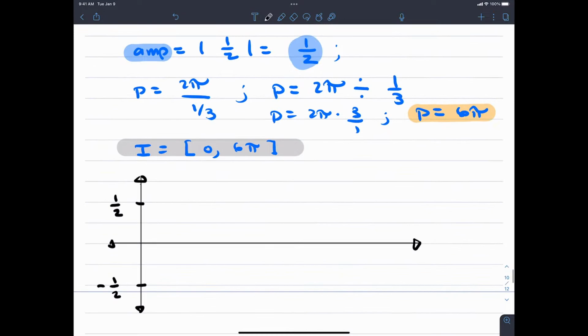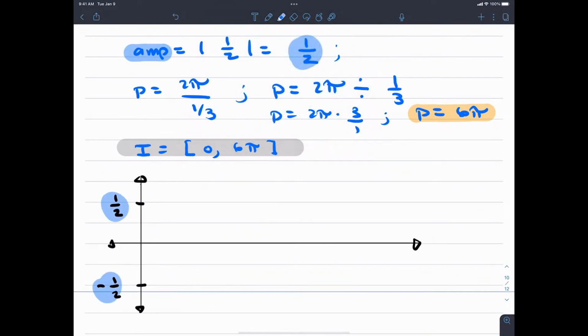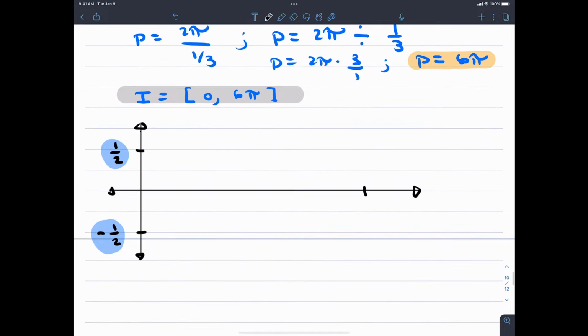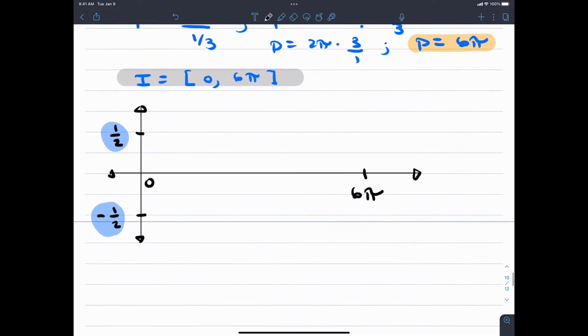You're using that amplitude value you found. And now the period is what? 6 pi. So that goes from 0 to 6 pi. So that's why we have that interval of one cycle. This is why we got this information.